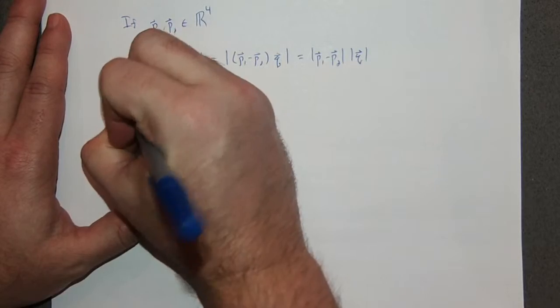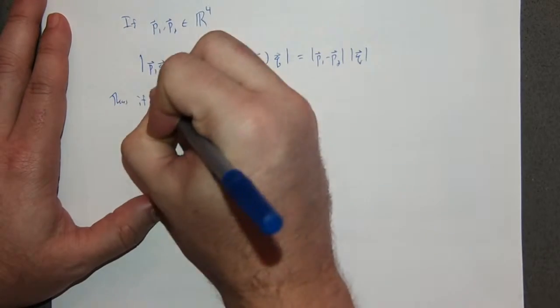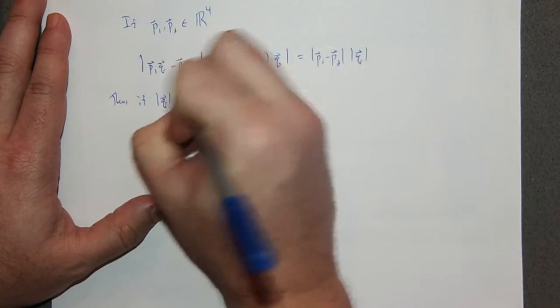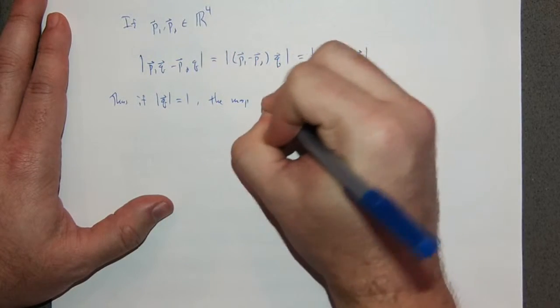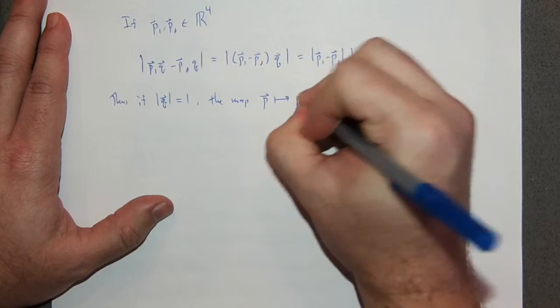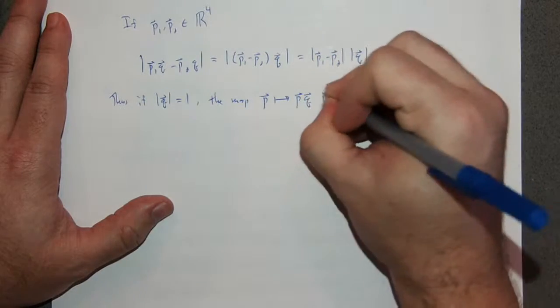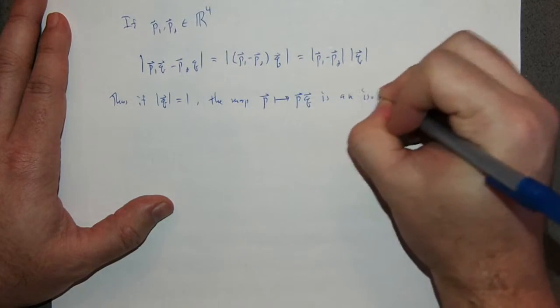Thus, if the length of Q is 1, the map that sends a point P to the point PQ is an isometry.